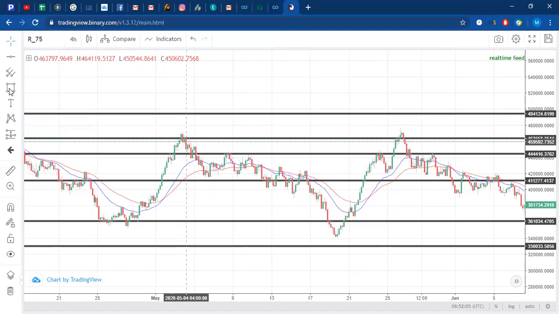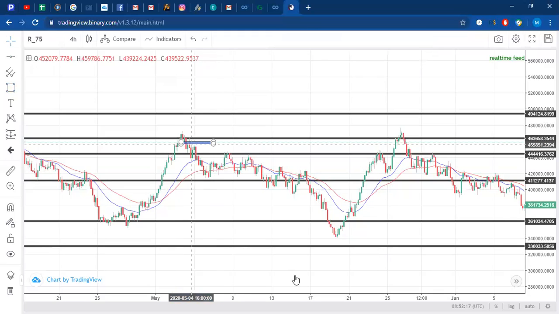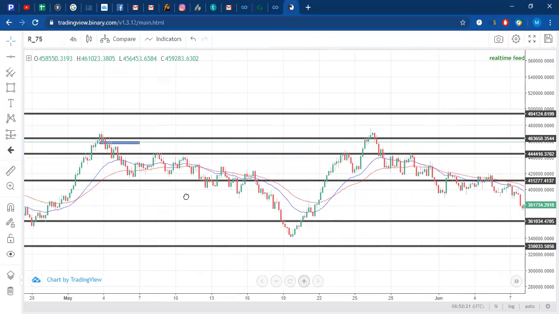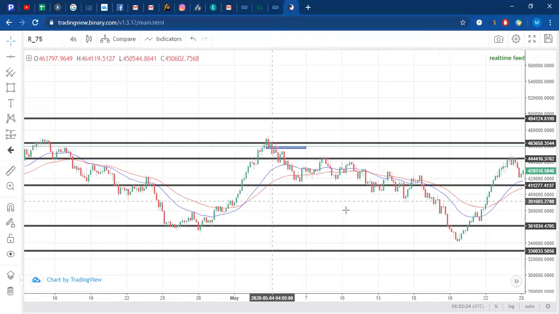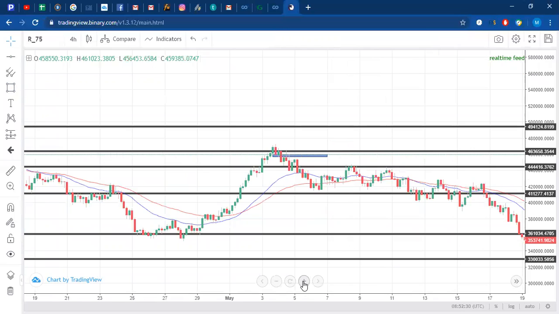As you can see, this level was tested, it broke out, we tested this level. You see it right there. Not only did it test that level, I'm making your candle big so you guys can see it. It formed a support level around there.